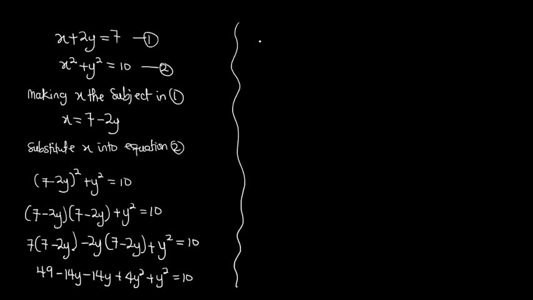So from here I have 49 minus 14y minus 14y will give me minus 28y. Then I have plus 4y squared and then y squared, that will give me 5y squared is equal to 10. Okay, so from here I can see that I have y squared, y, and a constant, another constant. So I need to group items. I'm going to rewrite this whole equation, bringing in 5y squared first.